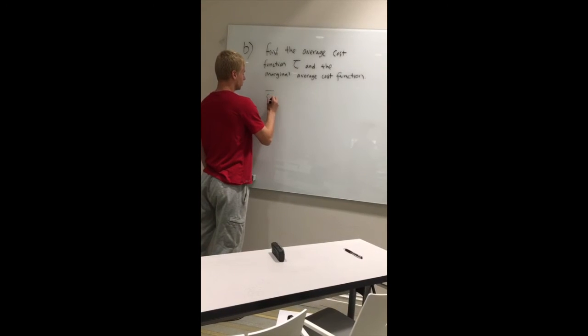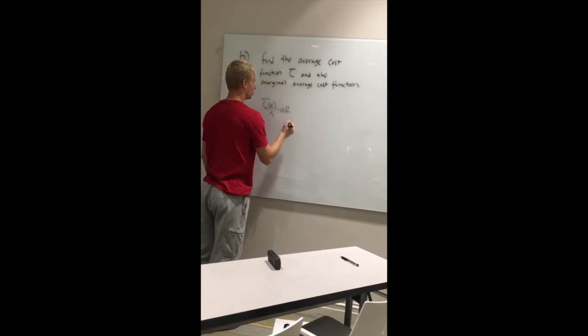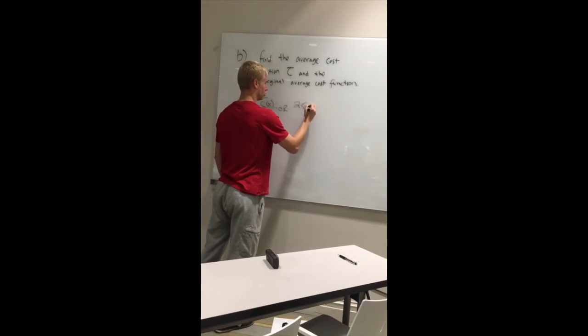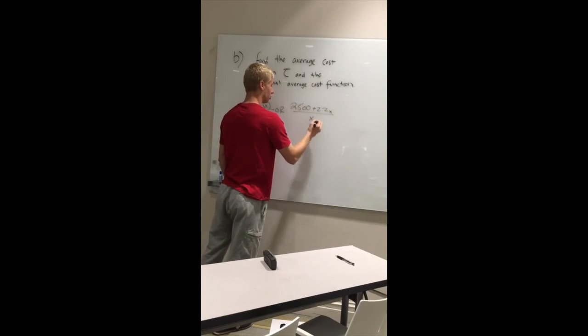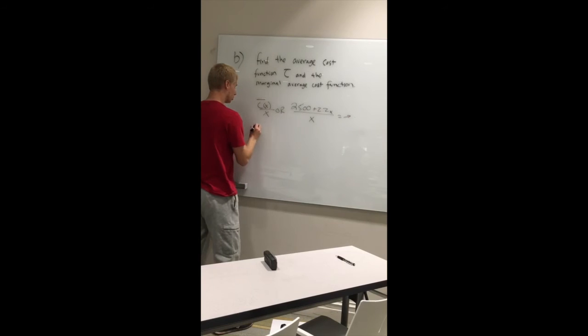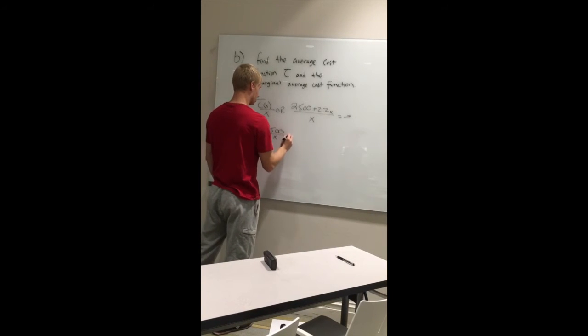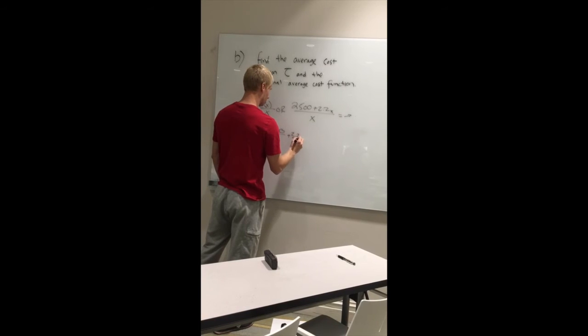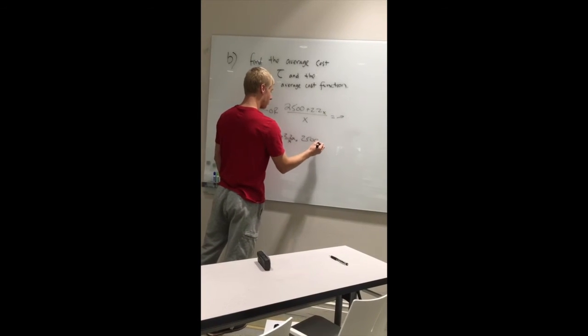We'll go back and look at our average cost function equation, and we find that it's c of x over x. So we plug in the numbers in the equation, and it's 2,500 plus 2.2x divided by x. So we basically divide the whole equation by x. So we find out that it's 2,500 over x plus 2.2.